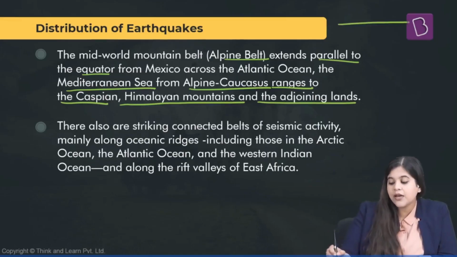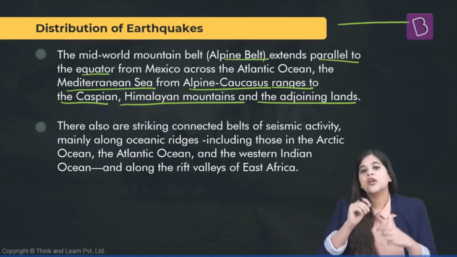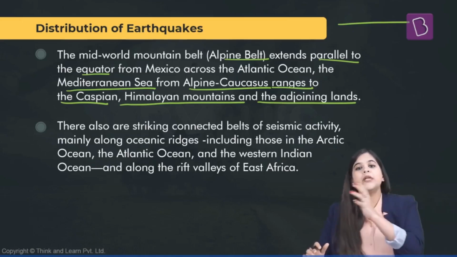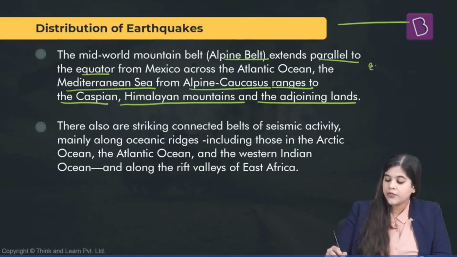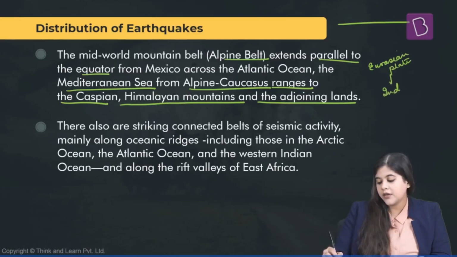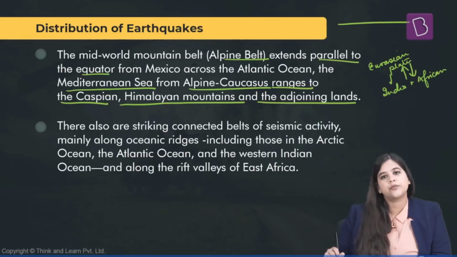So it is parallel to the equator, traversing through multiple continents. This is the region actually where the Eurasian plate and the Indian plus African plates are merging with each other.